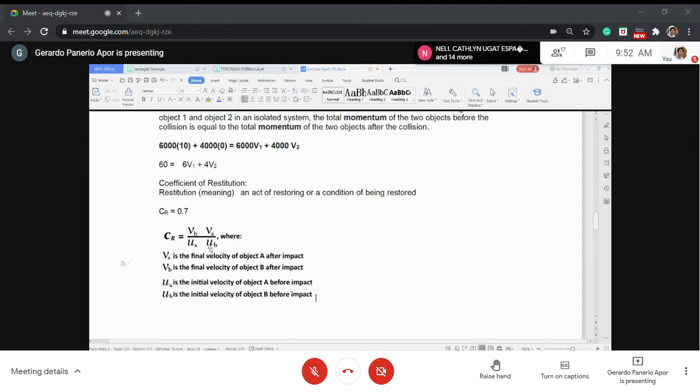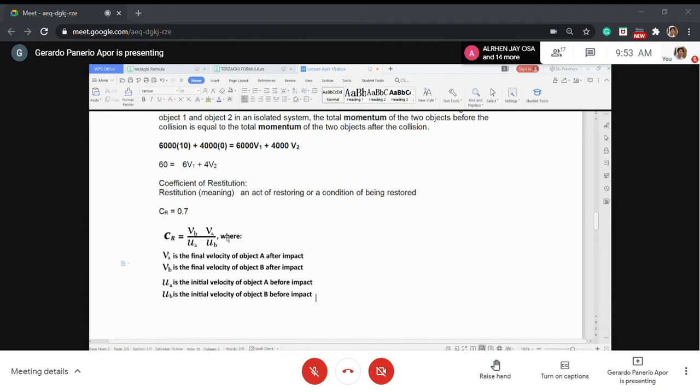It is just a division of two velocities. So V sub B minus V sub A over U sub A minus U sub B, where V sub A is the final velocity of object A after the impact, and V sub B is the final velocity of object B after impact.